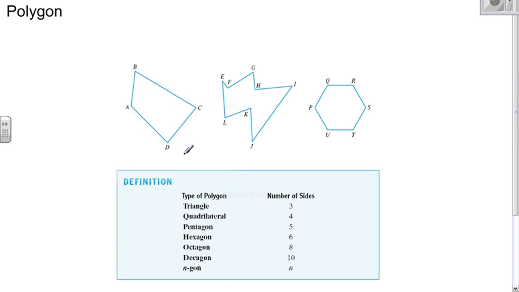But if it had more, like 12 sides, we would just call it a 12-gon. It has 12 sides. Or a 100-gon, or whatever number we want, however many sides there are.